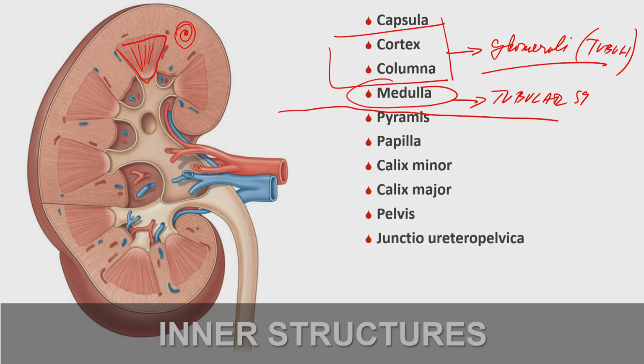The pyramid is made from medulla and forms the papilla, and on the papilla there are small holes which then enter the collecting system. So pyramis and papilla are parts of the medulla, and then we have the calyx minor, major, pelvis, and uretero-pelvic junction. So calyces and pelvis are the collecting system, and a key thing to understand is that the collecting system and functional parenchyma are separate tissues.